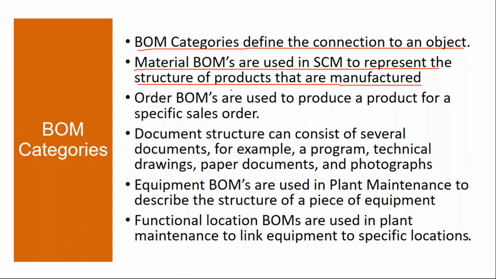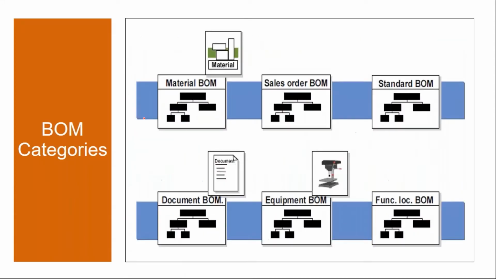So in our PP, we will be creating the material BOMs, meaning we are going to create the BOM for a material. Here we have a material, a finished product or semi-finished product. For that material we will be creating the BOM, so it is called material BOM. We are creating a BOM for a material, that is called material BOM.